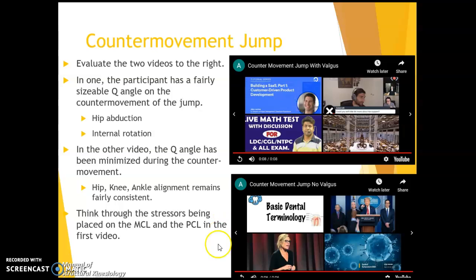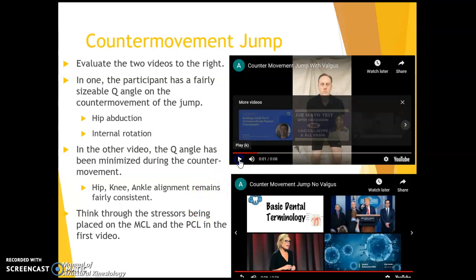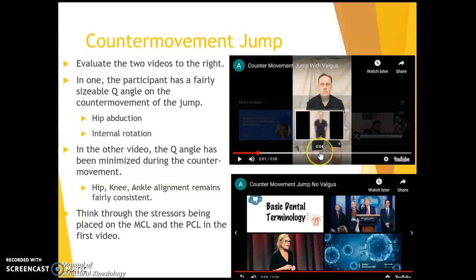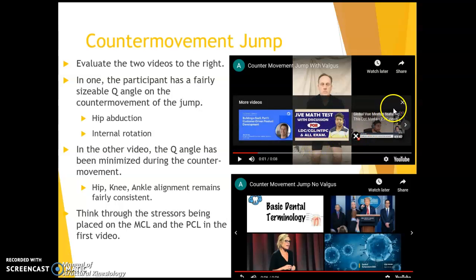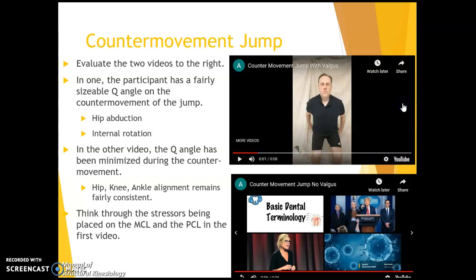So pay attention to both. And just think through now what's happening to, place again, MCL, what's happening to the medial collateral ligament as a person is collapsing the knee in valgus, what is happening in terms of the external rotators, the deep 6 up here, and allowing that to happen.